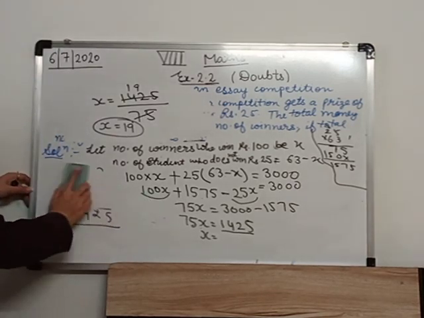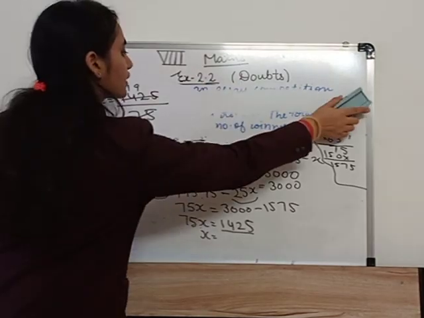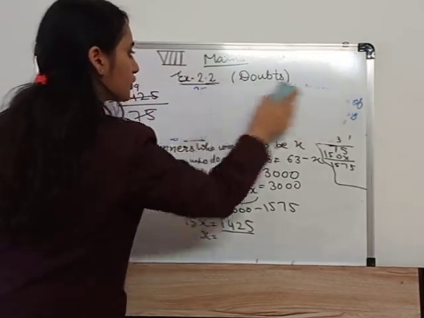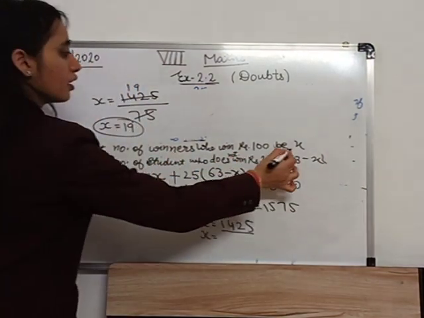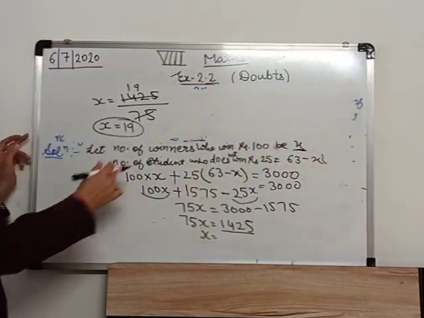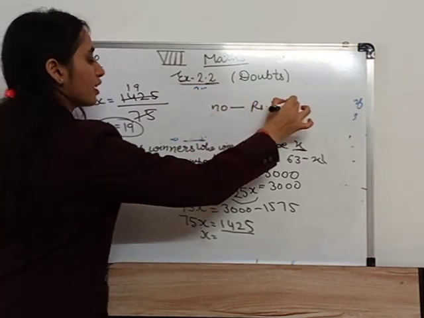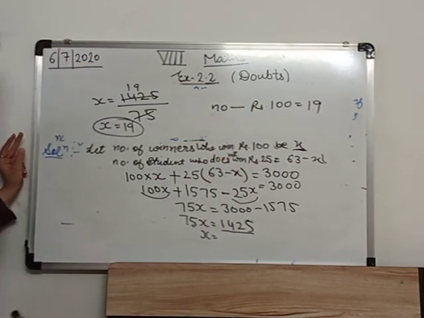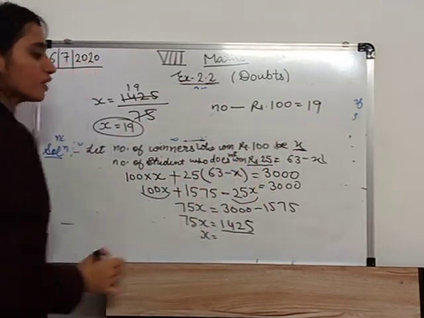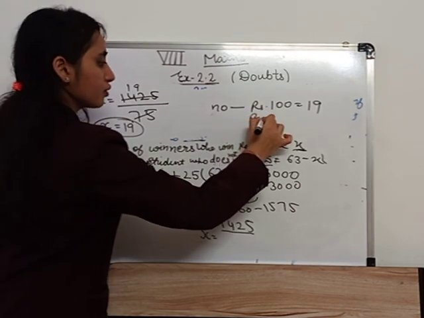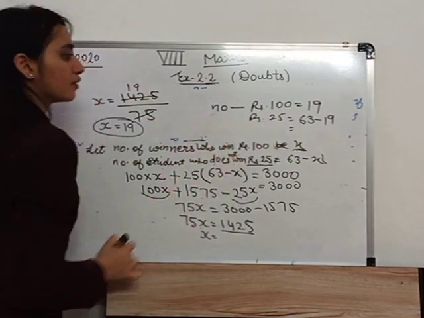Now find the number of winners who win rupees 100. How many students win rupees 100? Put the value of x in this equation. The value of x is equal to 19. So the number of winners who won rupees 100 is equal to 19. And the number of students who don't win but get rupees 25 is equal to 63 minus 19.